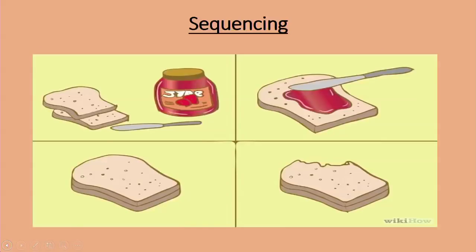My example here is when the learner has to make himself a sandwich. The learner will take out the slices of bread and whatever he wants to put on this bread, maybe jam or whatever. Then he's going to take a knife and put on the jam, put the 2 slices together and then eat. This is what we mean by picture sequencing, meaning which picture will be first in the sequence.